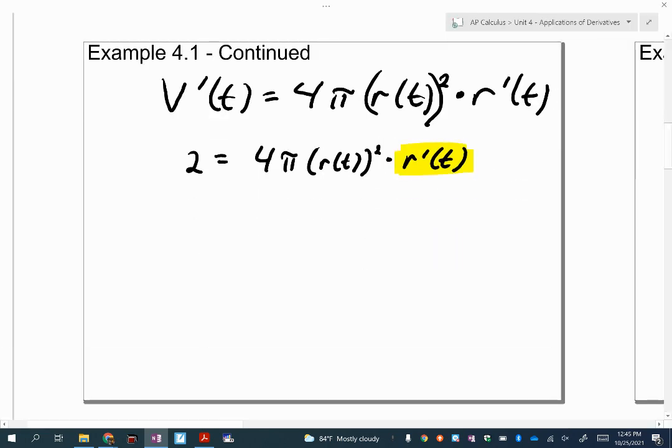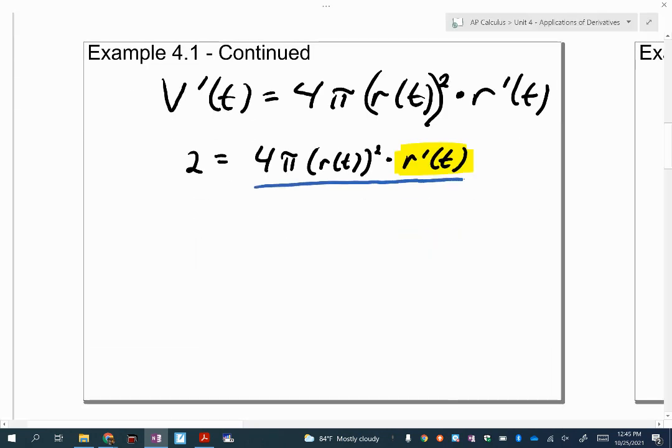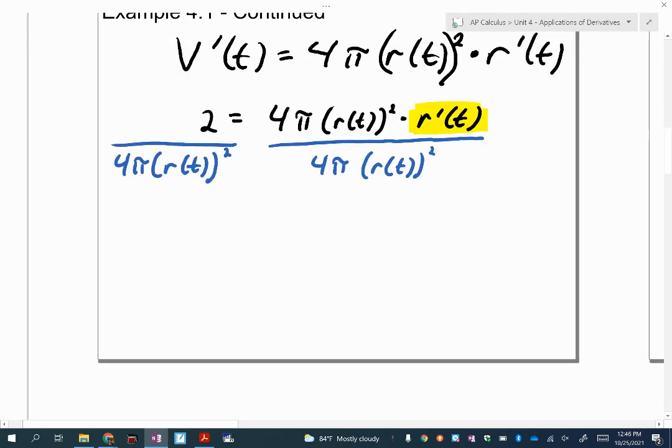I'm going to isolate for that by dividing both sides by 4 pi times r of t squared. So that's going to give me r prime of t is equal to 1 over 2 pi times r of t, all of that squared.